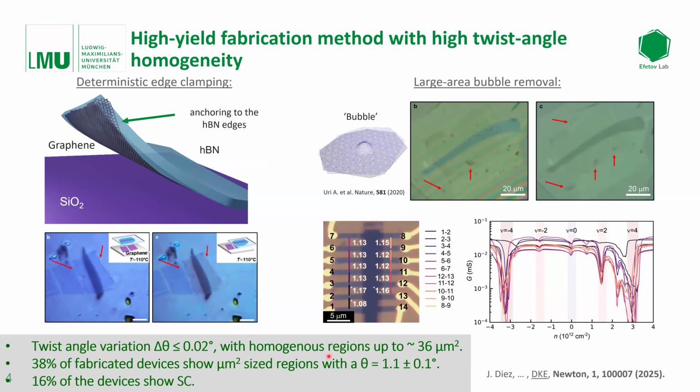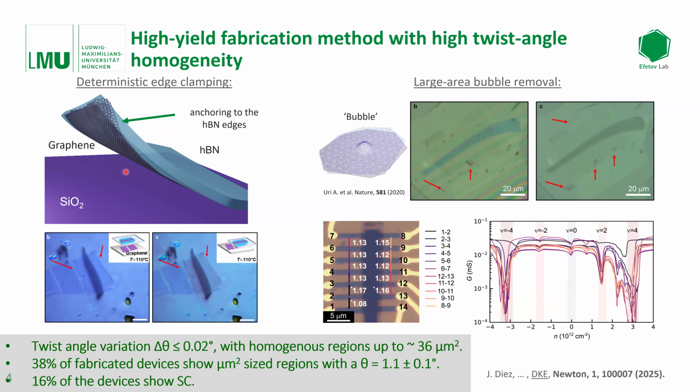To address this issue, my group has been in the last years trying to improve the device quality. Some of the ingredients that we have been implementing are, for example, deterministic edge clamping that helps stabilize the general twist angle.